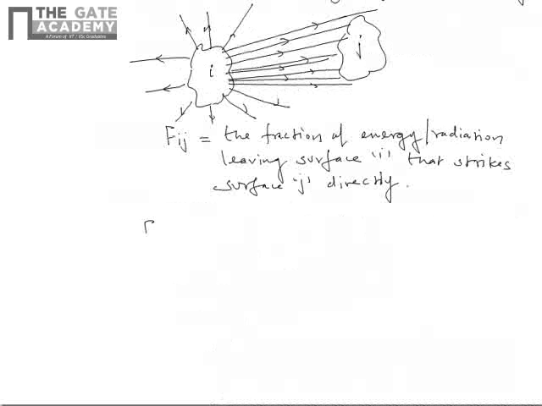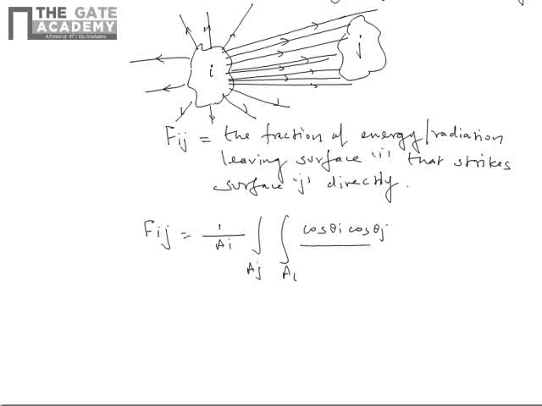So view factor is defined as Fij is equal to 1 upon Ai, integral over surface Aj, over surface Ai, cos theta i cos theta j upon pi r square dAi dAj, where theta i and theta j are defined as follows.